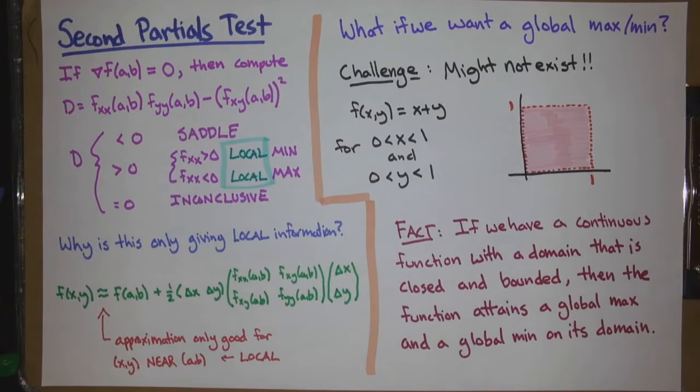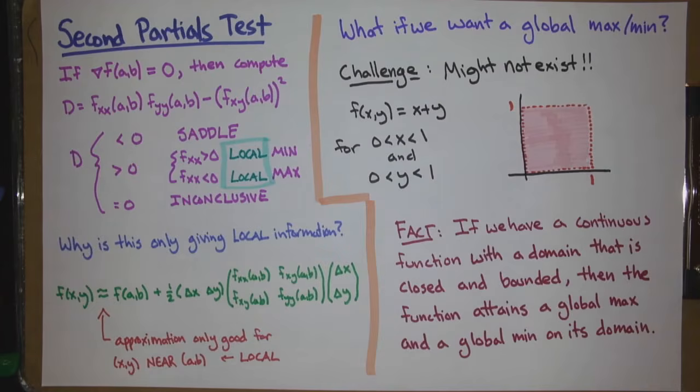It's kind of how the function behaves. And that approximation is good if you are near (a, b), and it gets bad if you're far away. But local min says what's happening nearby. So that's why I can still say local min versus local max. Absolute min or absolute max says I need it over everywhere. And so I cannot make any global conclusions because this approximation is only local.